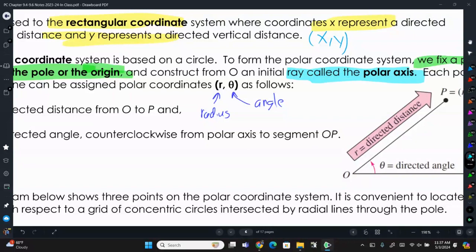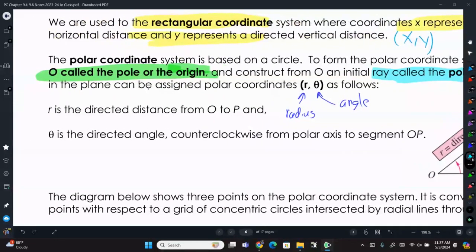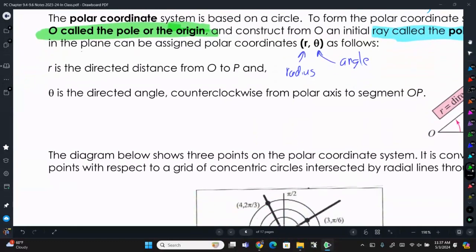So we start at the polar axis, or if we're referring to our xy plane, our positive x-axis, and then we rotate an angle, and then we go out our units after the angle. Now remember that when we talk about angles, they are rotated counterclockwise from the positive x-axis, or in this case, the polar axis.